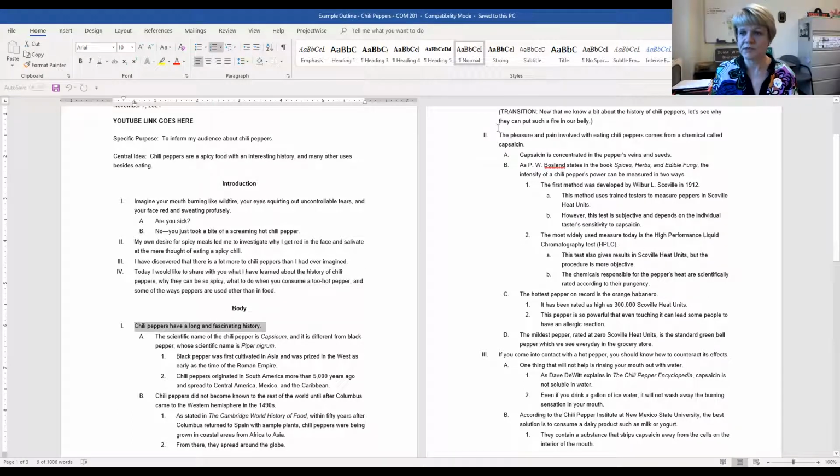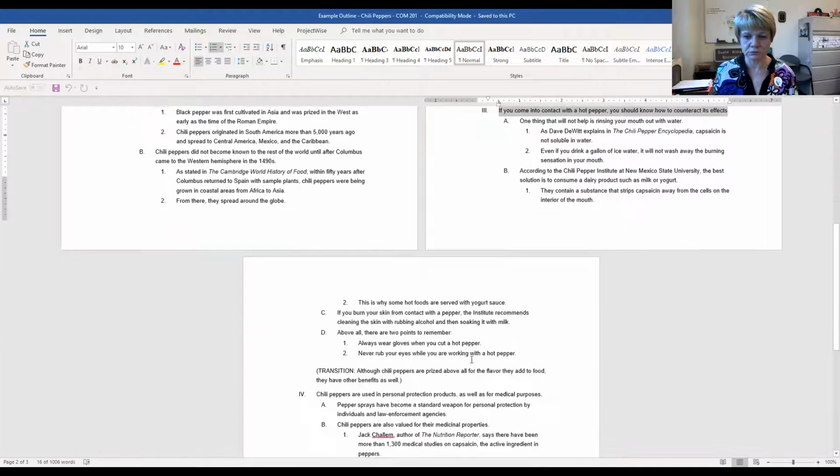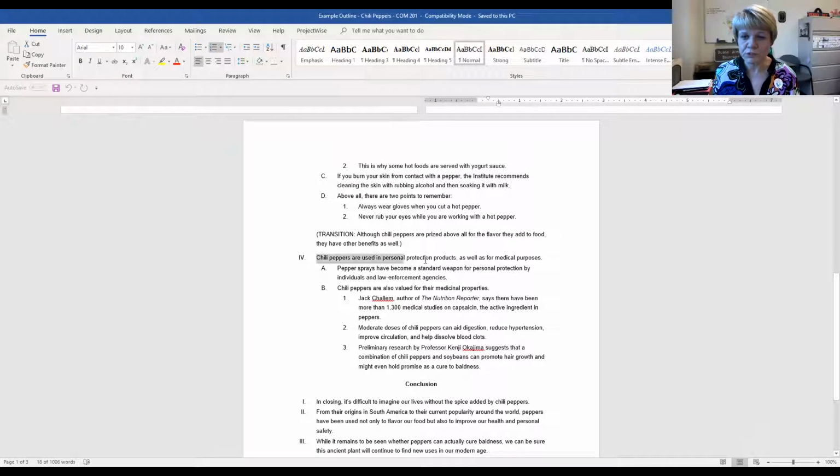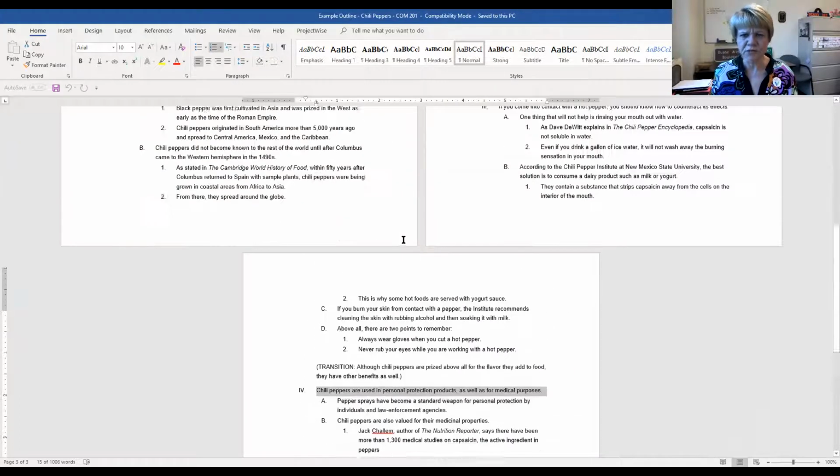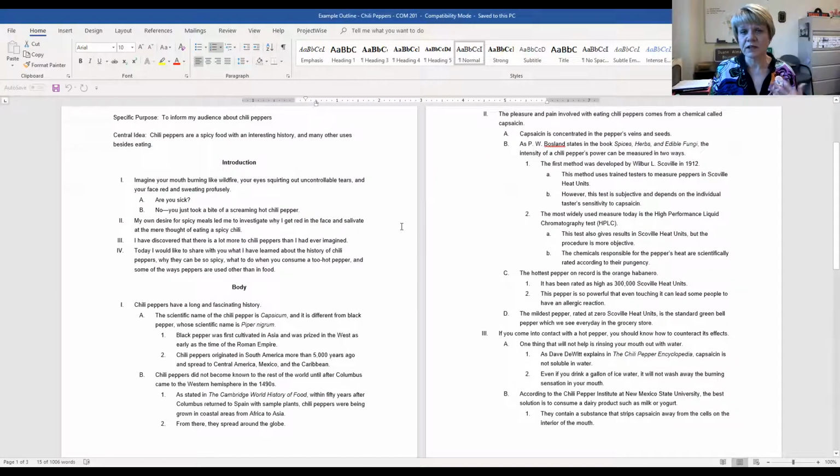Roman numeral 1 for the history, Roman numeral 2 for why it's spicy, how that works, Roman numeral 3, what you do if you come into contact with a pepper, and then Roman numeral 4, chili peppers used in ways apart from eating. So then as you're studying, researching, getting all the information, all of the supporting materials are going to be organized under those main points.